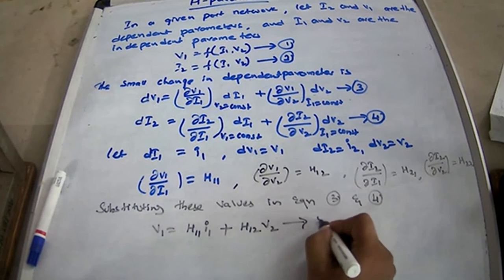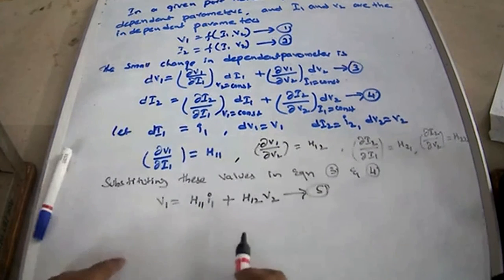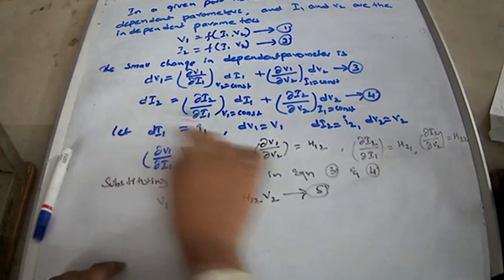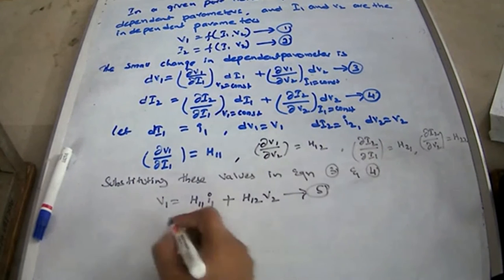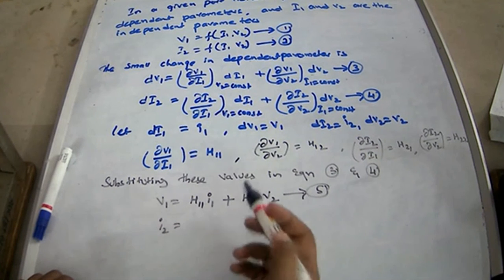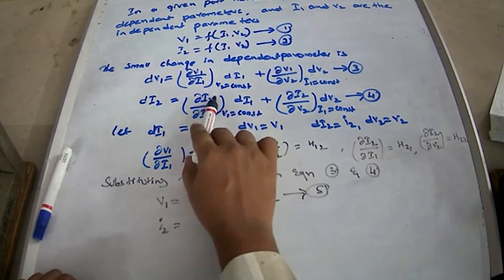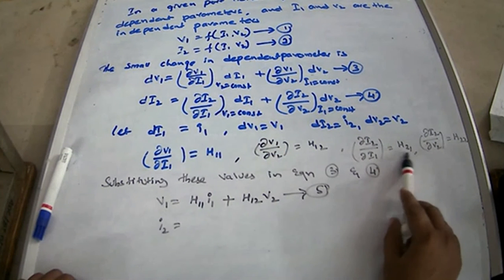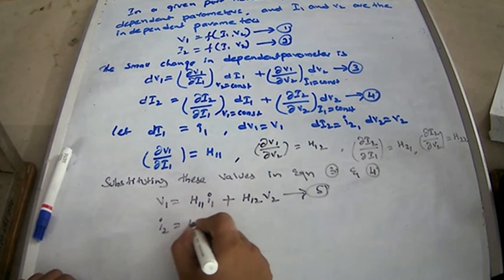So this is equation 5. Similarly, let's write for equation 4, dI2. So dI2 we can write as I2 is equal to dou I2 by dou I1, which can be taken as h21.